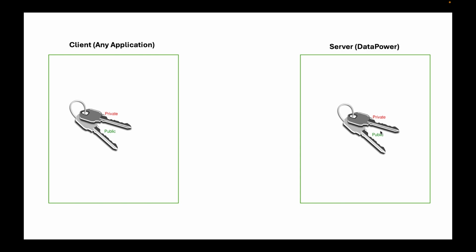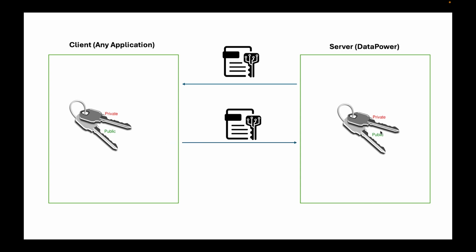Now, in this scenario, at the very first step of TLS, server is going to send its certificate to client, which client will validate. Then client will also send its certificate, which server will validate. If both these validations are successful, logically we'll proceed to the third step, and that is completing the handshake process.